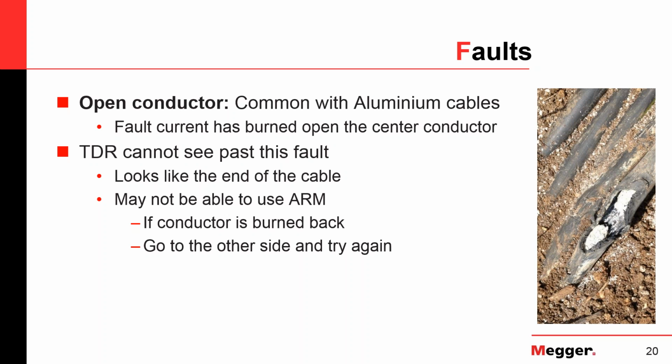The problem with this is, and we will get into what all these abbreviations mean, a TDR or a radar cannot see beyond this point because it relies on the ability to actually use the conductor and the return to measure certain parameters of the cable. And you may also not be able to use what's called the arc reflection method, especially if that gap is too wide, so you cannot make it flash over.